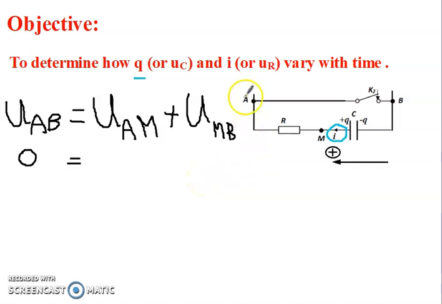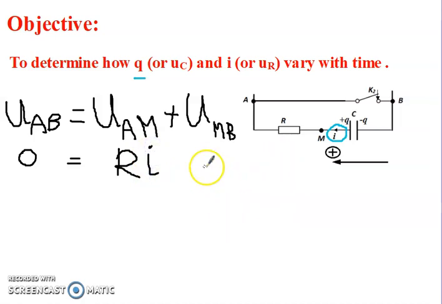Look at the points A and M. What do we have between A and M? We have the resistor, right? So Ohm's law for the resistor is what? Ri. Good. This is R and this is I. Good.